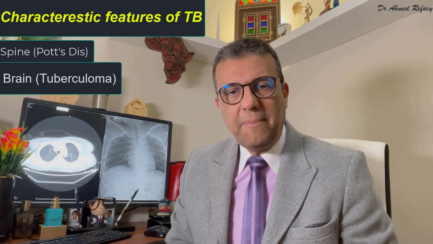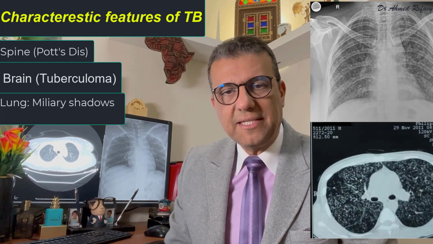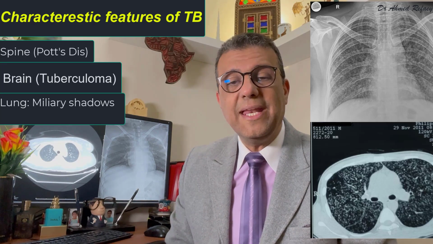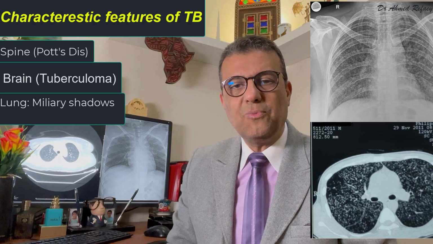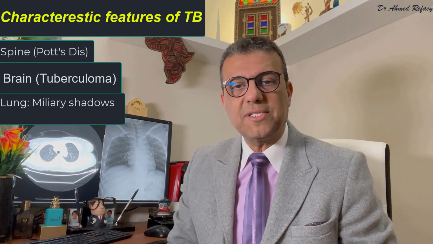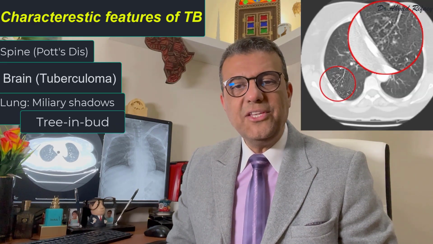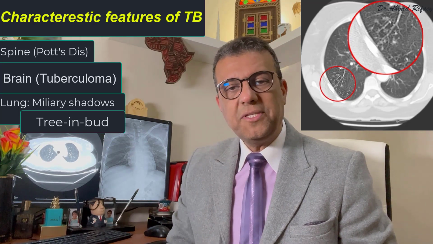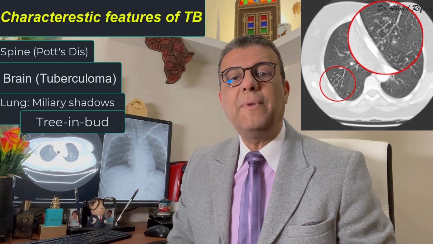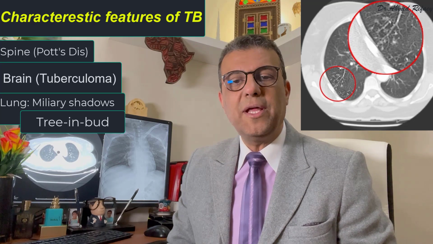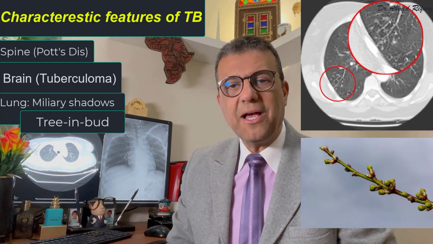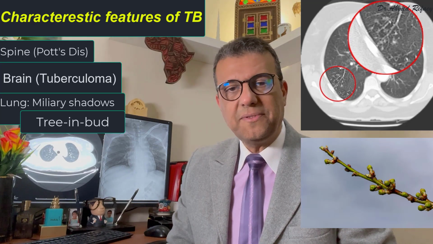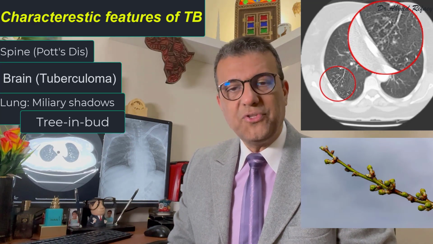In the lung, by CT chest, it gave the characteristic appearance of miliary shadowing in addition to another pattern which is considered very pathognomonic for diagnosis of tuberculosis, known as the tree-in-bud pattern, which describes the CT appearance of multiple centrilobular nodules with a linear branching pattern resembling a budding tree, which represents transbronchial spread of tuberculosis.